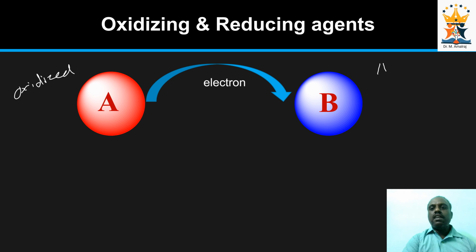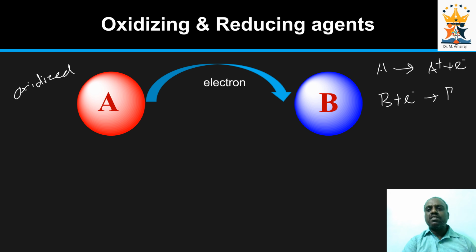That is, A is losing the electron to form the cation. On the other hand, B is gaining the electron given by A to form B minus. So in this particular reaction, atom A is getting oxidized and atom B is getting reduced.